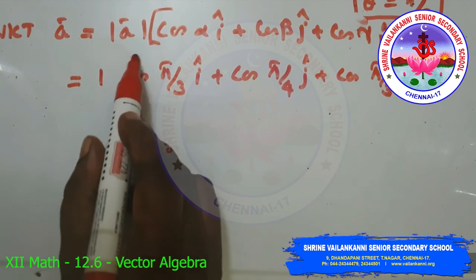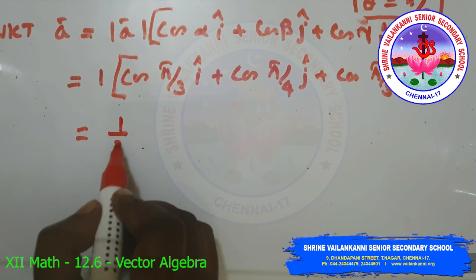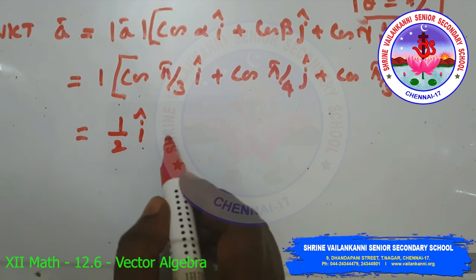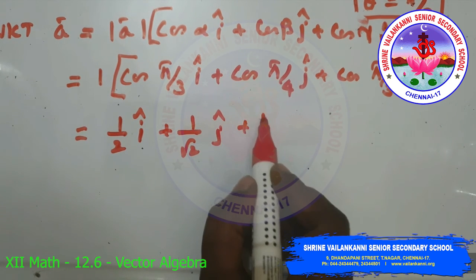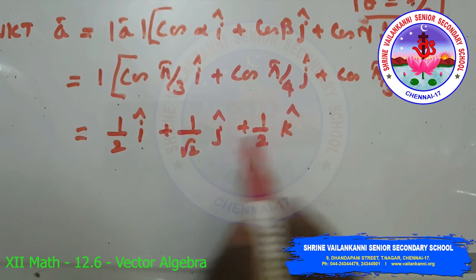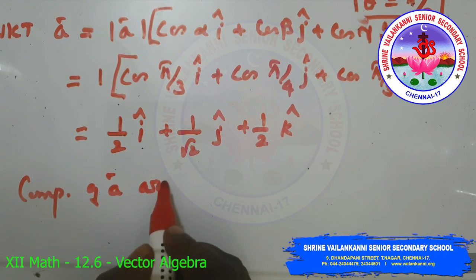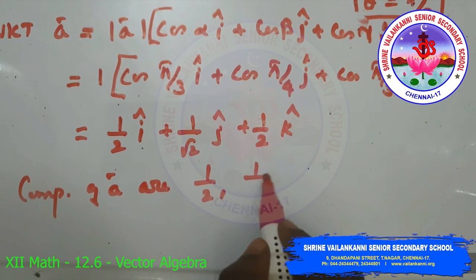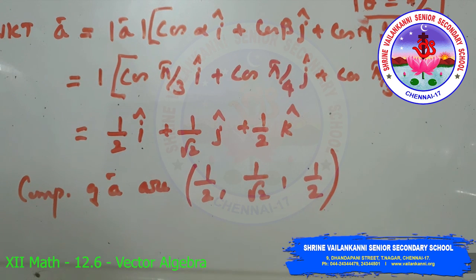The values of alpha, beta and gamma, which is equal to 1 by 2 i plus 1 by root 2 of j plus 1 by 2 of k. So components of vector A are 1 by 2, 1 by root 2 and 1 by 2.